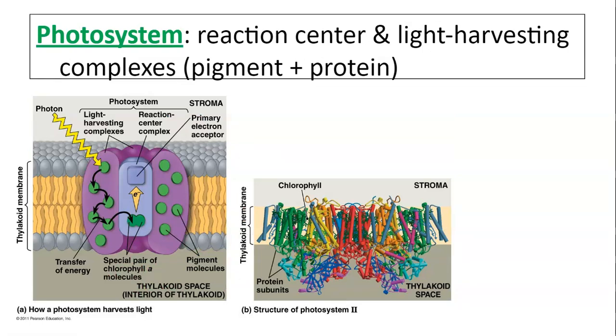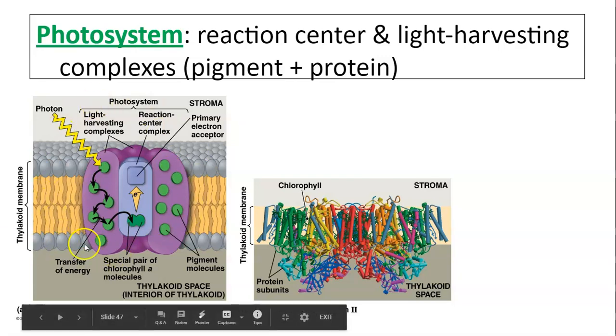Which is why we can talk about photosystems. This is kind of the overall center where it's happening. And it's kind of a complex where those excitable electrons live, but it also has some protein and multiple pigments involved. So here's kind of what a photosystem looks like. It's inside the thylakoid space, or in those inner membranes of the thylakoid.